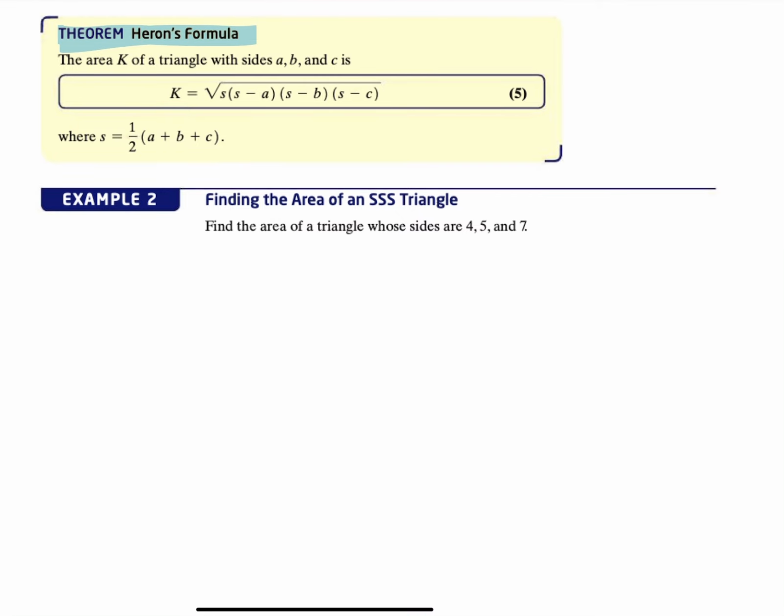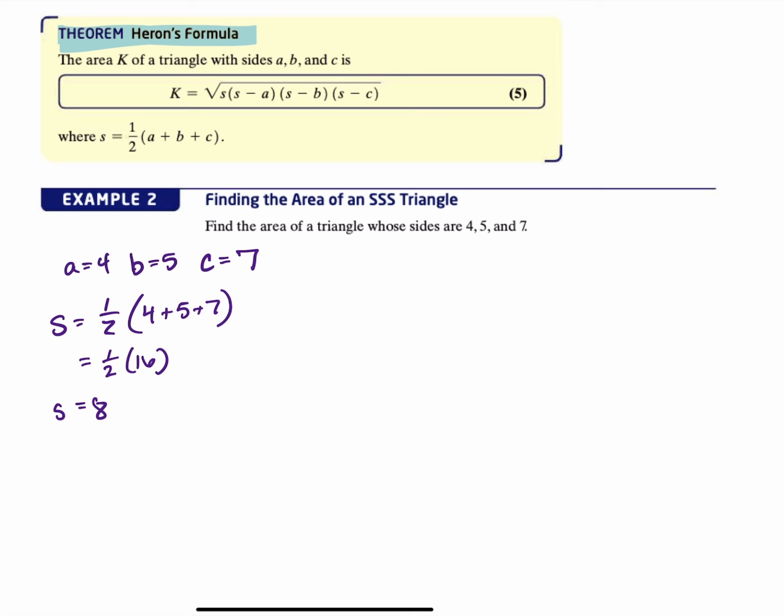So let's follow this procedure. We have sides. I'll say A is 4, B is 5, and C is 7. So first let's find this quantity S. It says that S is half of the sum of all of these side lengths. So 1/2 of 4 plus 5 plus 7. Well, that's 1/2 of 16. So S is equal to 8. So now let's plug into our formula.